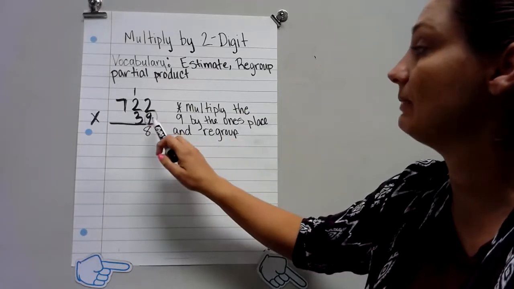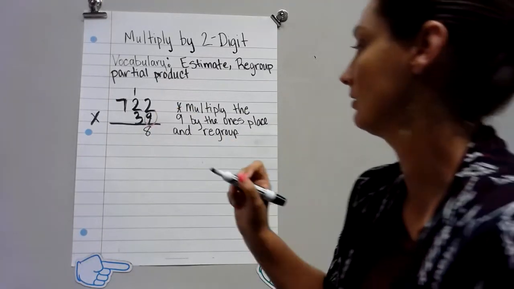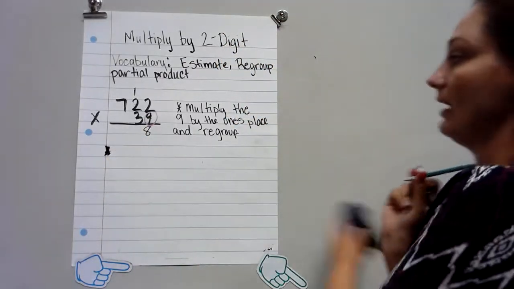My next step is going to be to multiply the 9 by the tens place. Okay, so that's my next step. I'm going to come over here. Oh, let me move that.